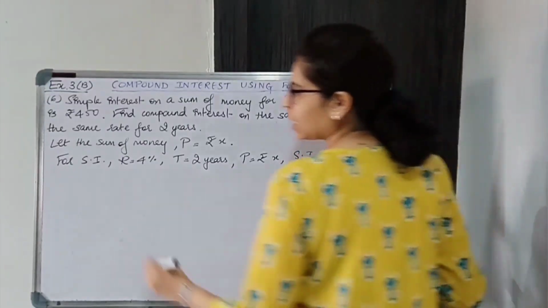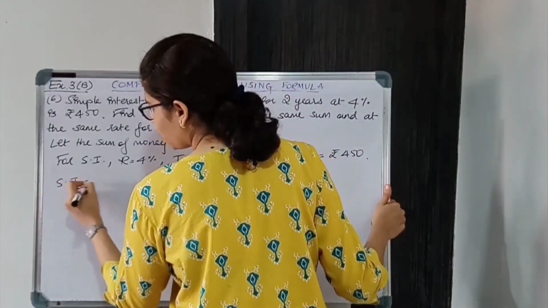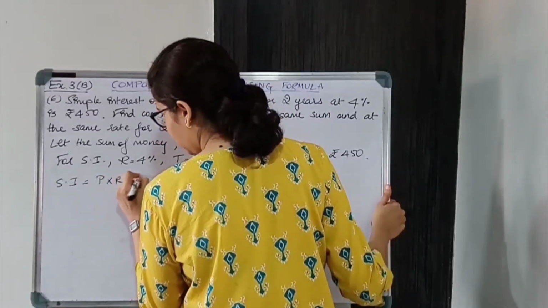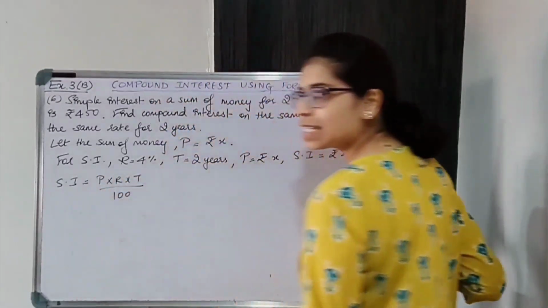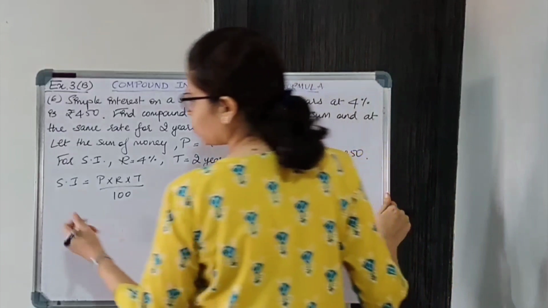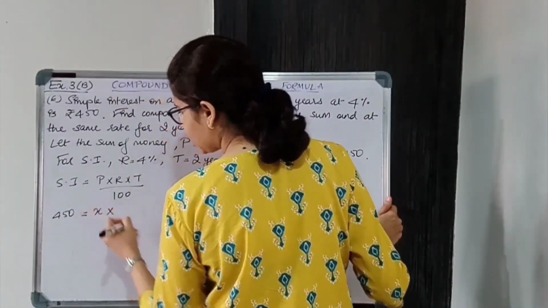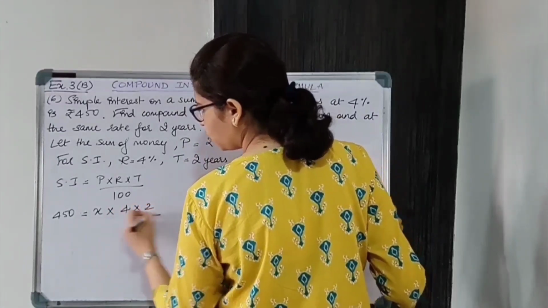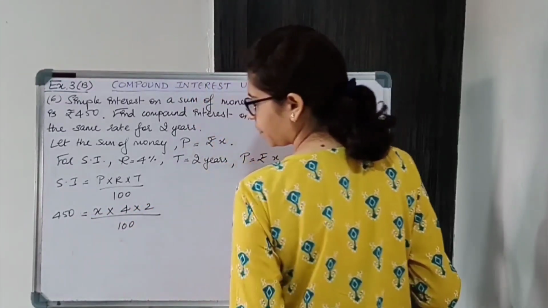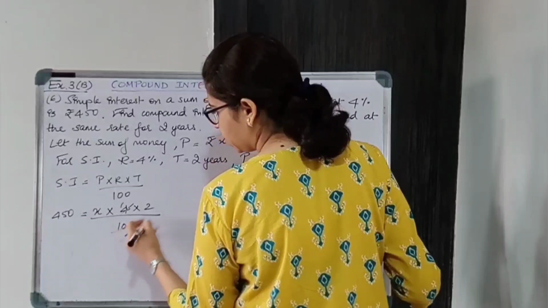Okay, now using the formula P into R into T upon 100, let's substitute the values. So 450 is equal to X into 4 into 2 upon 100. 4 ones are 4, 4 25s are 100.